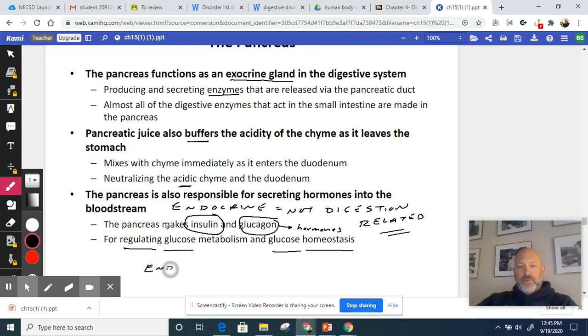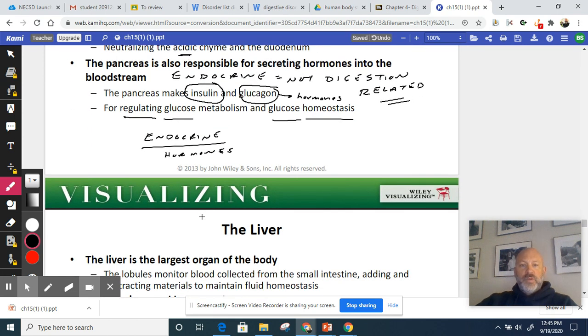The endocrine function produces hormones that contribute to blood glucose homeostasis.